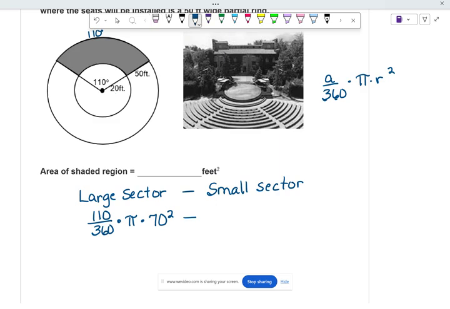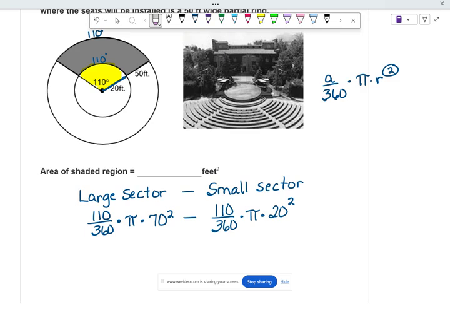Now we have to do the area of the small sector. The small sector would be this little part in here, this little slice of the circle. Its central angle is 110, so its arc would also be 110. Divided by 360 times pi times the radius for that little section, that would be 20, and the formula says we have to square it.